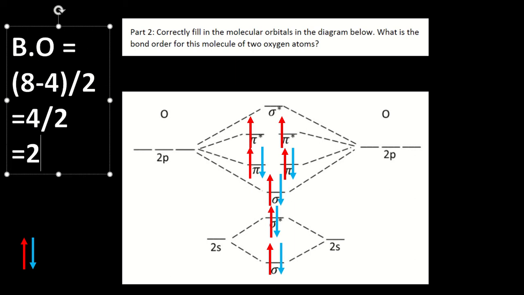Therefore, the bond order, according to how we filled out the molecular orbital diagram, for molecular oxygen is 2. It is most likely to have a double bond between those 2 oxygen atoms, which is what we observe through chemical experimentation to be true.